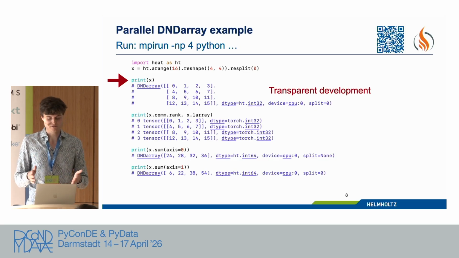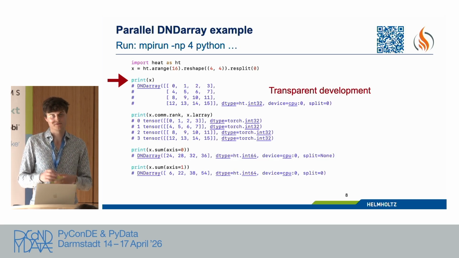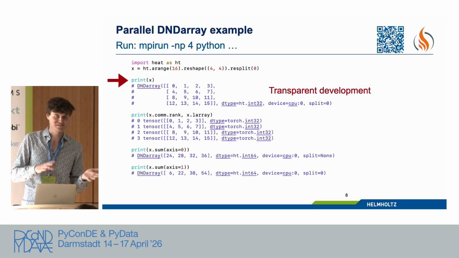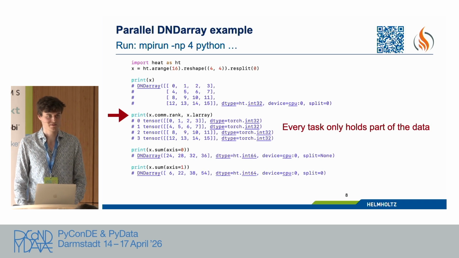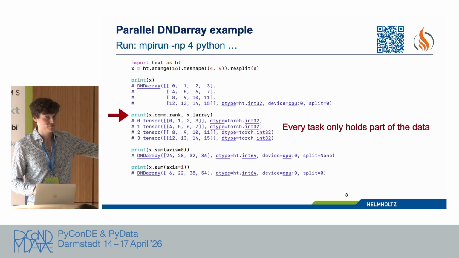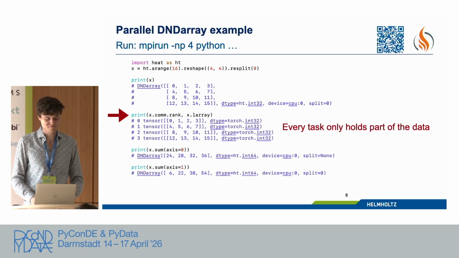Our target audience is really people who are experts on analyzing the data and not necessarily on parallel computing. But of course, we can take a look under the hood and print, for instance, the rank of the communicator that's associated with the array and the local data. And then we see how the distribution works. So we actually have only a patch of the data on each task. And again, this is just a torch tensor.